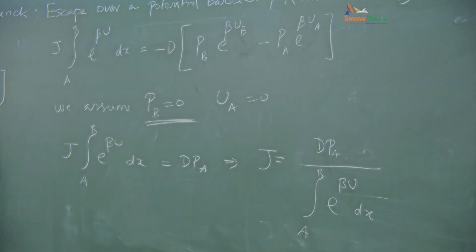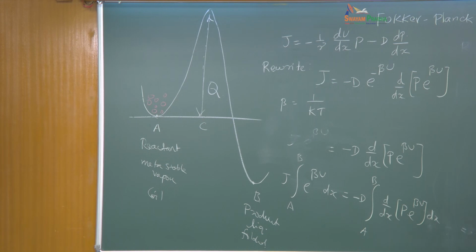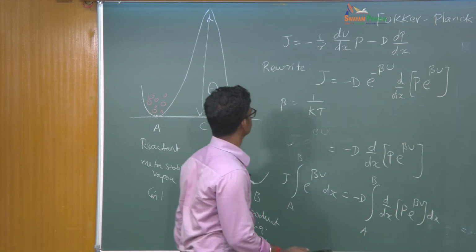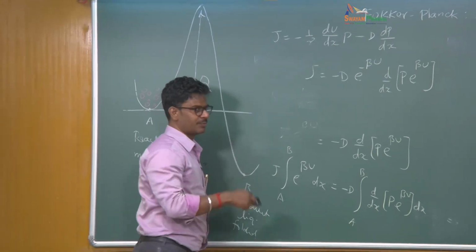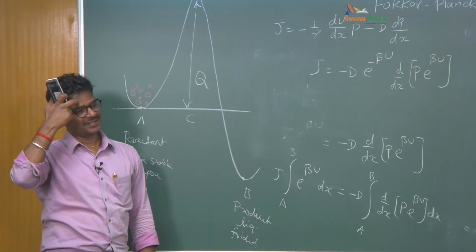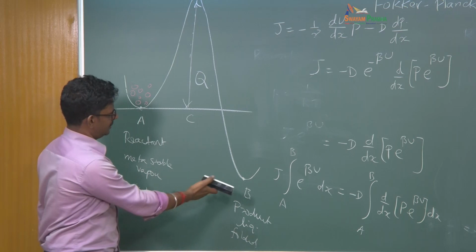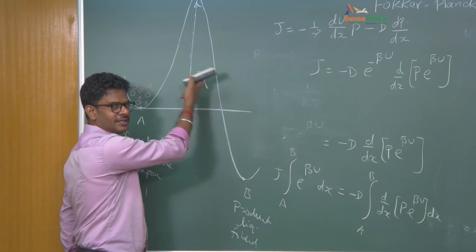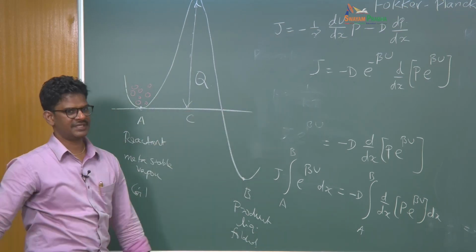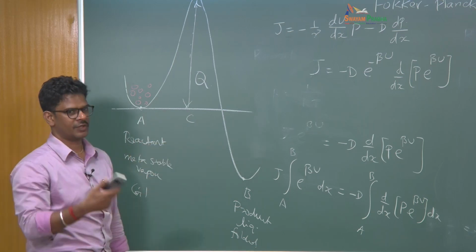If Pb is not 0, you are going to keep dealing with the extra term. I'm talking about the original Kramers theory where this assumption was made. If the well is not so deep and the transition is reversible, that term you cannot neglect. You have to keep working with that expression also.